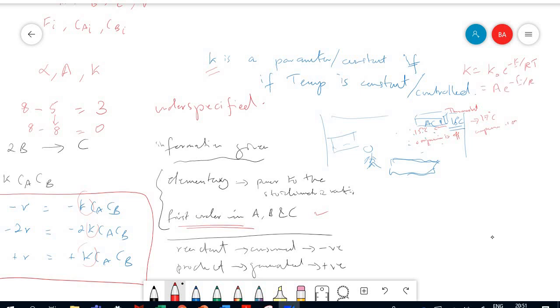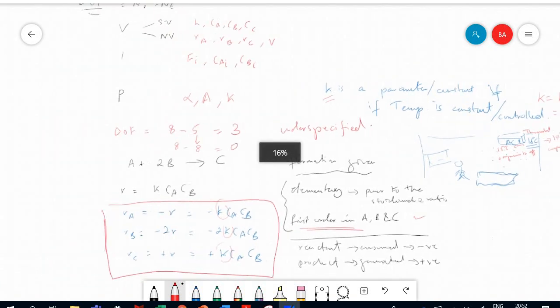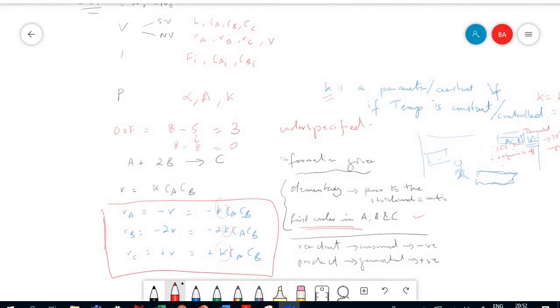Activation energy is constant, R is constant. If we say temperature is constant, then definitely K will be constant. So we added K here as a parameter, considering that temperature is constant.